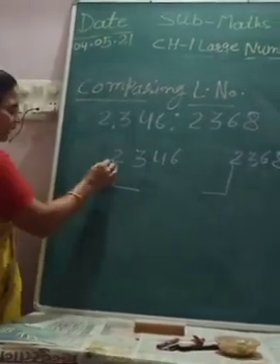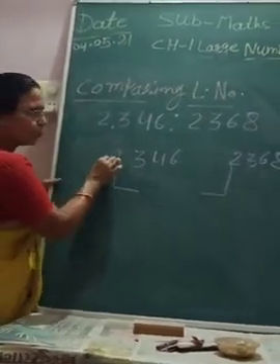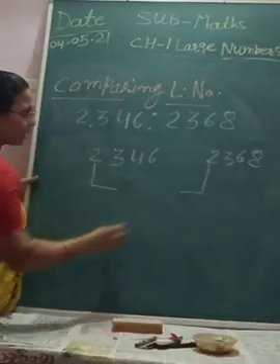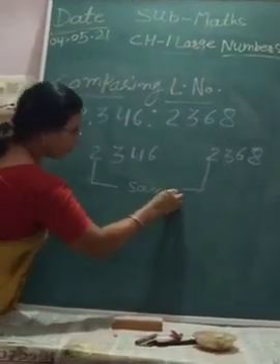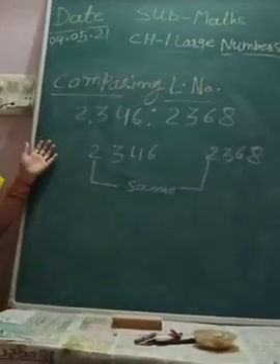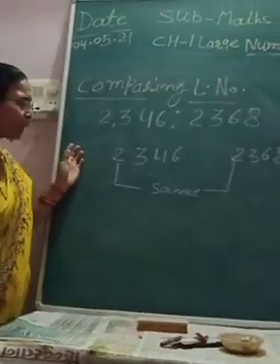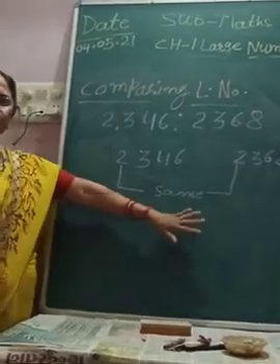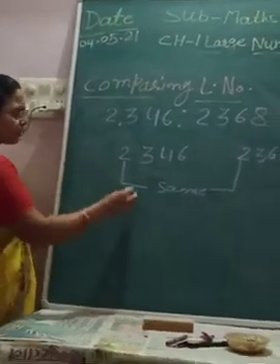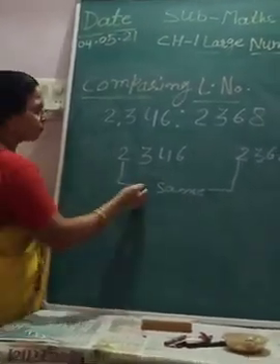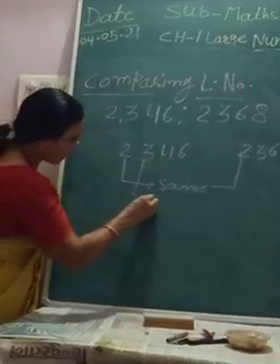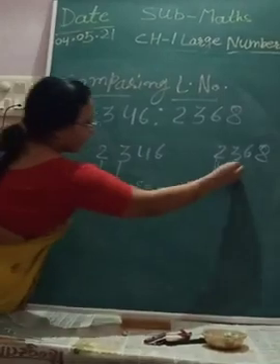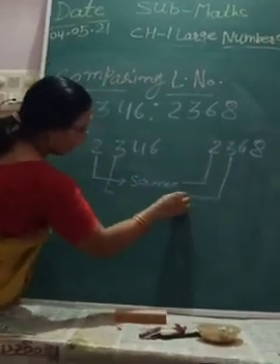Now just see, in the left hand side the first digit is 2 and in the second number also there is 2, which means this is the same. I have explained so many rules clearly, I am just explaining fast. Second, the next digit is 3, and in the second number also there is 3.